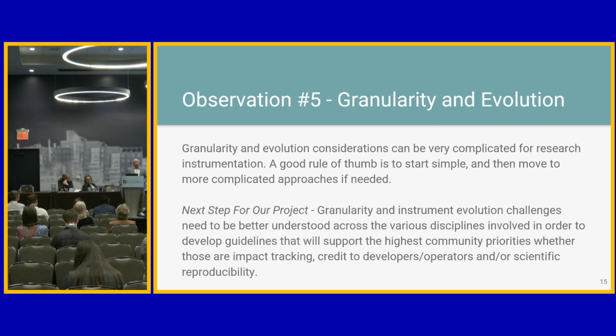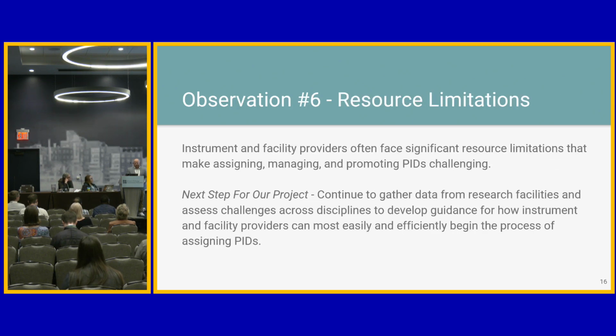But as we do that, we're going to run into an issue of the same instrument could have multiple PIDs once you make significant modifications to it. So how do you track the versions over time, and how do you have a unique identifier for the right one?